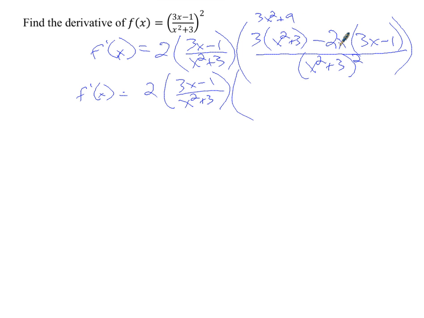If I distribute the minus 2x, I get negative 6x squared plus 2x. So now I'm going to combine like terms and finish off the numerator here. Negative 3x squared plus 2x plus 9, all over x squared plus 3 squared.